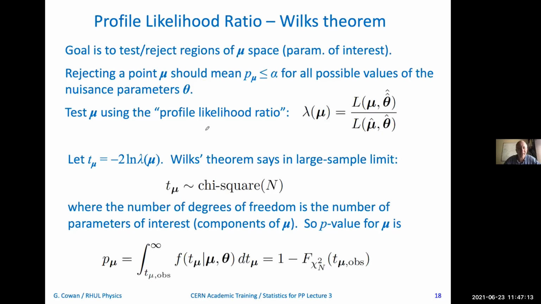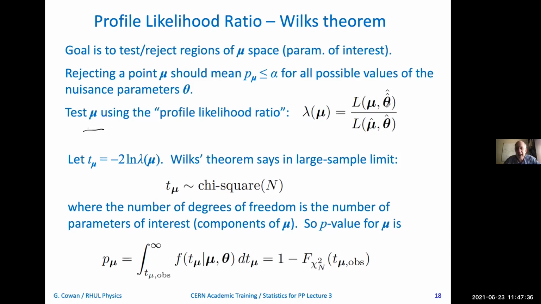there's a trick that allows us to do this. What we're going to do now is test a hypothesized point in mu space using, again, a likelihood ratio, which is similar to what we saw before. But in the numerator, I have the hypothesized value of mu, and for the nuisance parameters, I replace those by their profiled values.